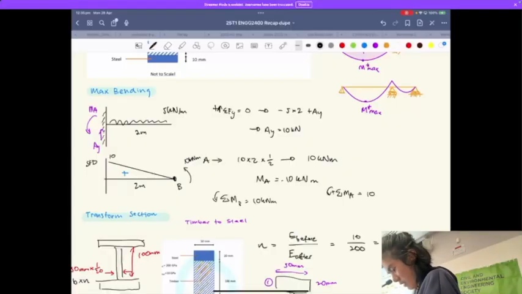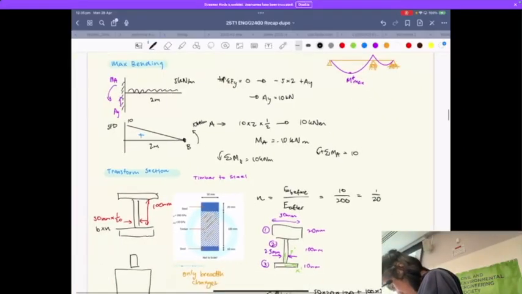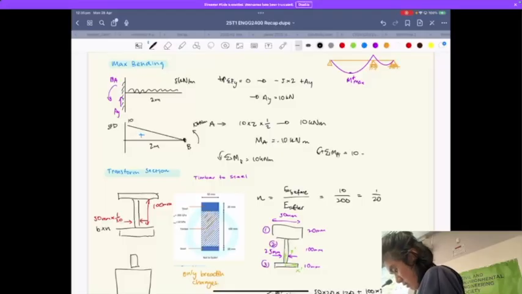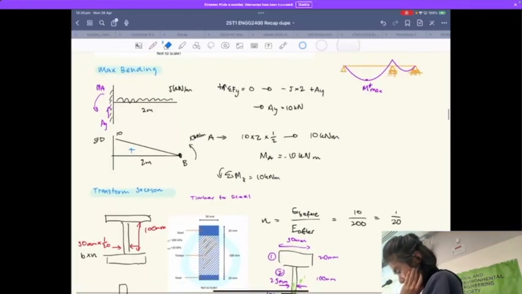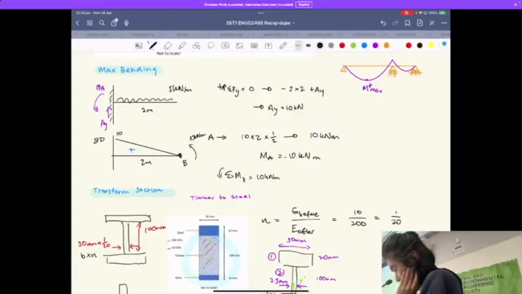Wait, is it? 10 minus MA? Wait, I'm kind of tripping. Okay, essentially, what I think is happening is this reaction is MA. There's some MB here.